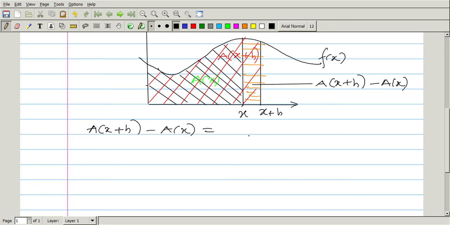All you have to prove is that A dash x is equal to f of x.